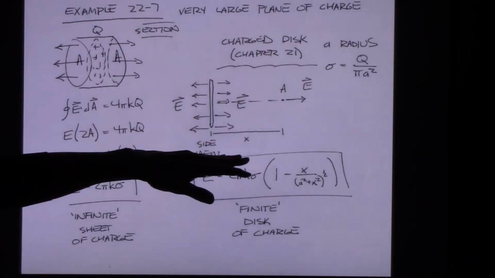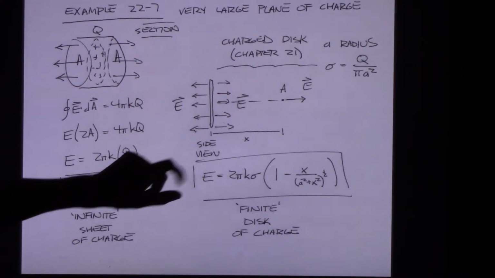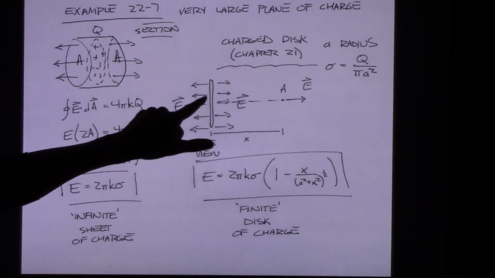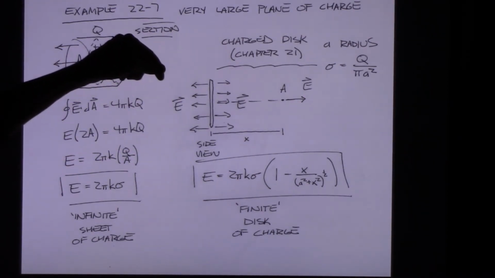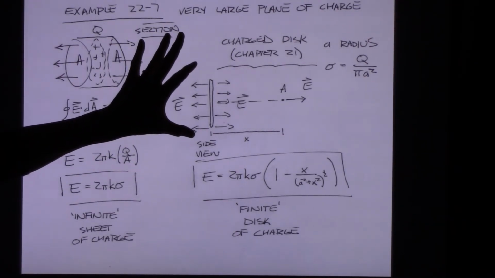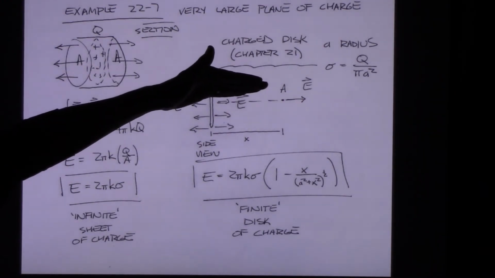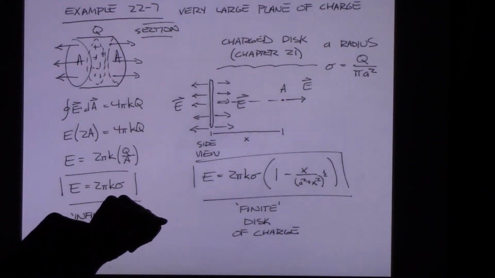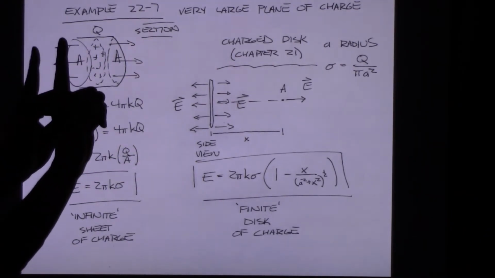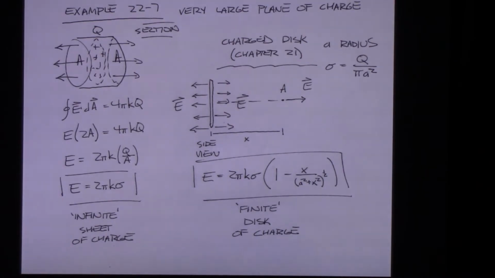So here's what a side view would look like. Here is a disk, and we've got electric field lines directed away from that disk of charge in both directions. Now, in reality, the disks are finite, and we would have electric fields not only coming out along the x direction, but we would have electric fields that would be oriented away from the edges.